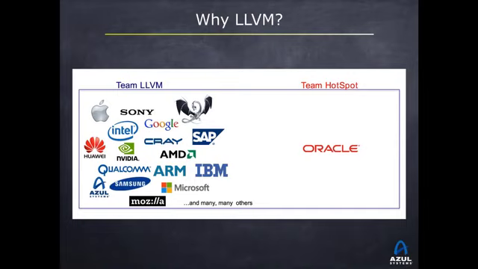So they're able to bring that expertise to the project and add the necessary code to make the compiled code work in the most optimum way on those architectures. And then if you move a little bit higher up, there's people like Microsoft, there's people like Cray, there's people like Sony, Apple, and so on, who understand the operating system level of things. And so they can, again, add their expertise, add the necessary code, and make the project work in the best possible way. So this was really the reasoning behind using LLVM.